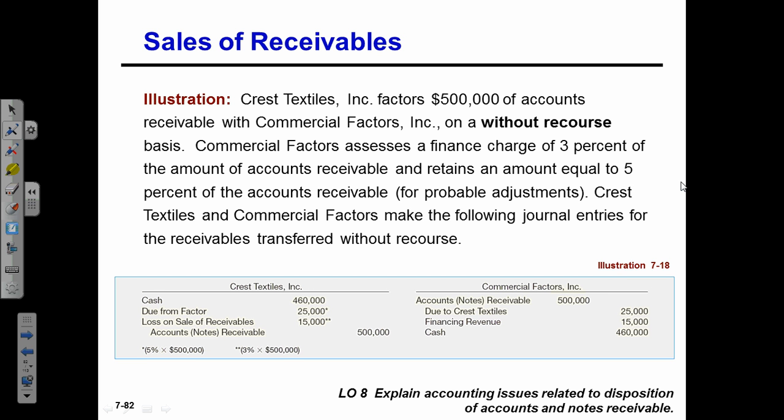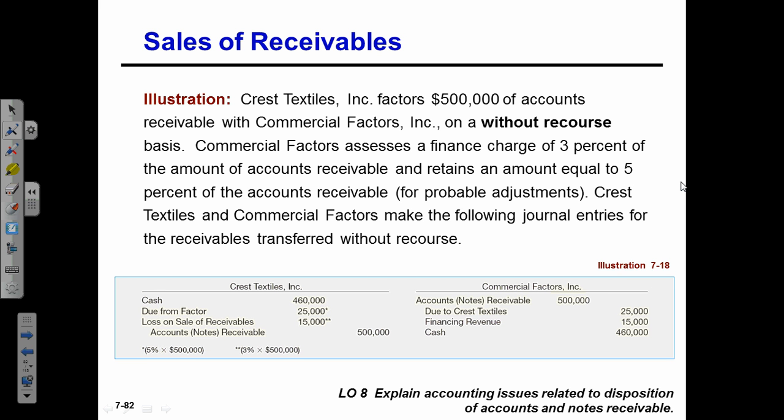So they're taking 3% of our receivables as their fee, right up front. And presumably they're going to wait 30 days and they're getting 3% for 30 days. Got the idea? 36% in this case, if that's all they have to wait. But it's not interest, of course, because we sold it. So it's a loss.